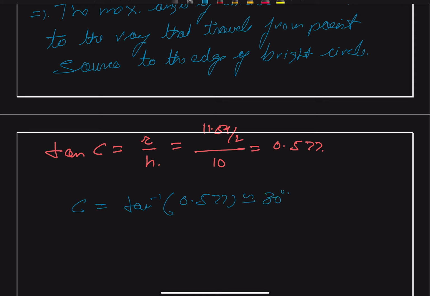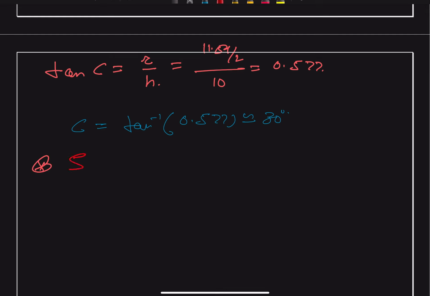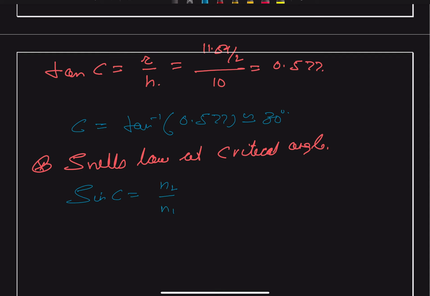Now we can use Snell's law at critical angle. So we can say sine of C will be equal to n2 upon n1. n2 we need to find out, n1 is 2.72.